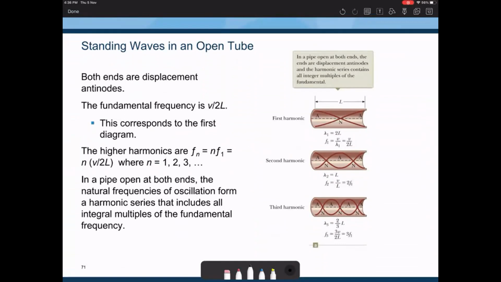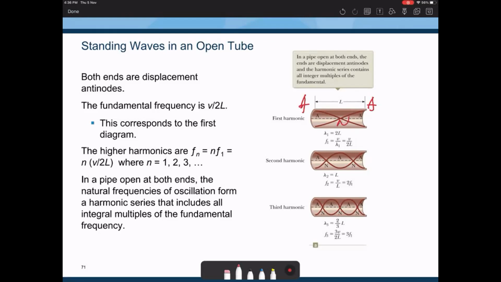So in a case of maximum displacement of air particles at both ends, it would refer to the case of an antinode at both ends. Particles should be allowed the maximum displacement at the open end. The simplest scenario would be that you have antinodes at both ends and one node in the middle.